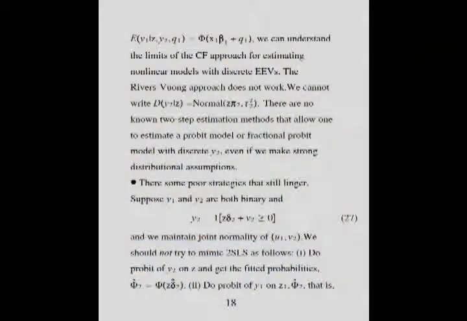Okay, so let's return to this case where we actually have a parametric model and start talking about where things stand in terms of relaxing distributional assumptions. Basically, if y2 is a discrete variable, very little is known, and even the semi-parametric, non-parametric stuff I'm going to mention really excludes that case.